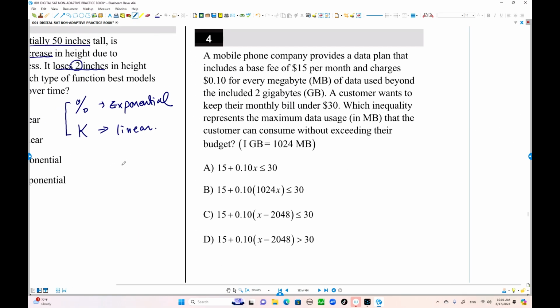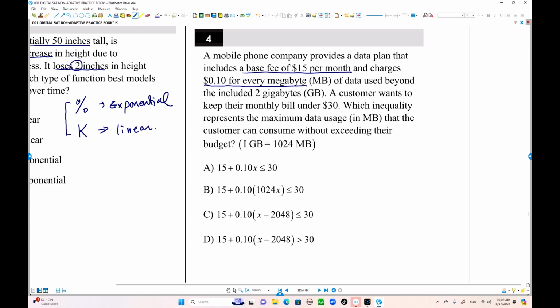Here is number 4. Now let's find the keyword. Basically, a mobile phone company provides a data plan. A base fee is $15 per month and charges 10 cents for every megabyte. It comes with a number of megabytes.